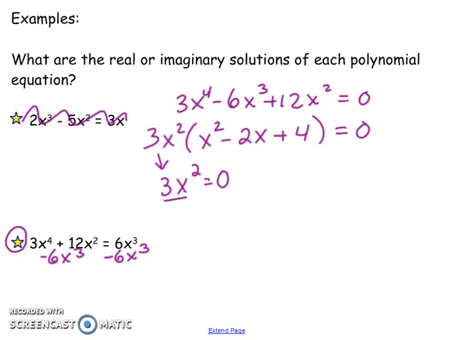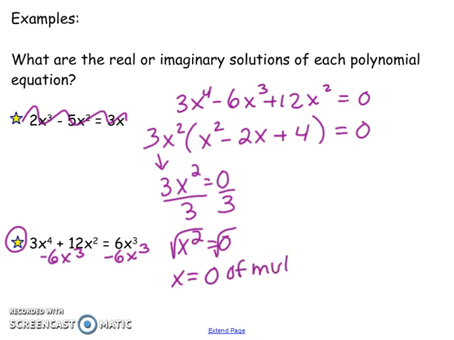If I want to solve this, I divide by 3 on both sides. X squared equals 0. Take the square root. And when I take the square root of 0, I get plus or minus 0. But that's still the same answer. So I really get 2 answers here. I get x equals 0, but it's of multiplicity 2, because there's 2 zeros that I'm getting from there, a positive 0 and a negative 0.